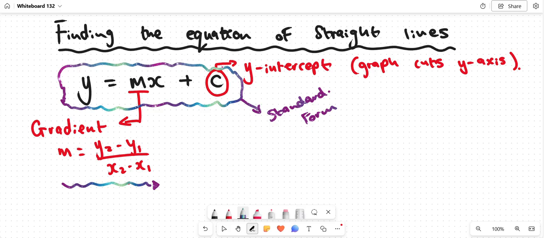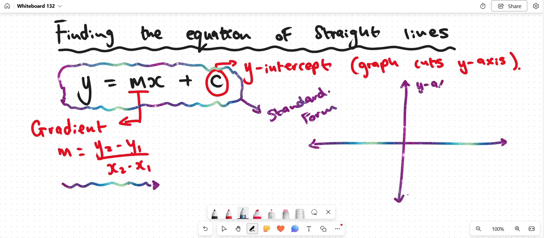Then the C there, this stands for the y-intercept. So what does it mean? That is where the graph is going to be cutting our y-axis. Let me give you a pictorial visualization.